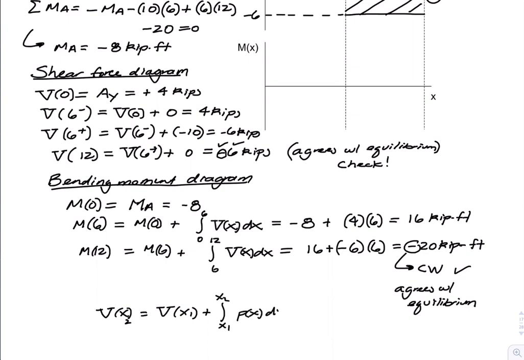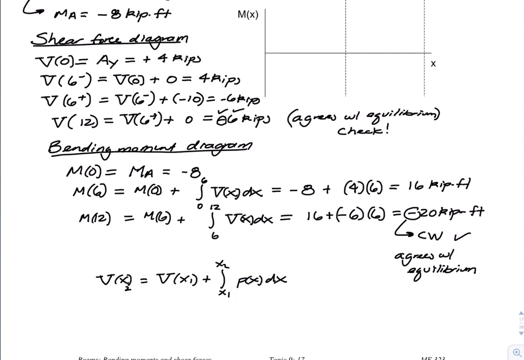That's how we got all of our equations above there, except we also have that V of x plus is equal to V of x minus plus whatever external shear force that we have got.